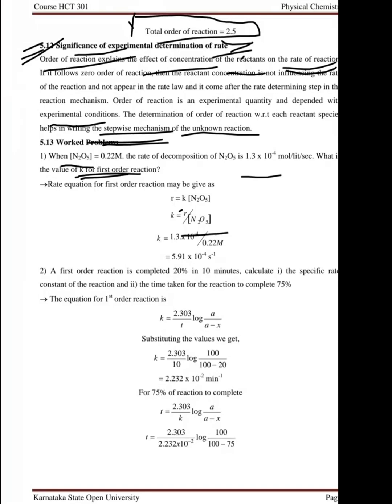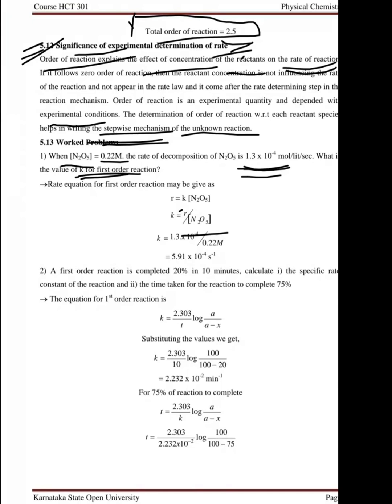Here, the R value is nothing but 1.3 into 10 to the power of -4, divided by the given concentration of the reactant, 0.22 molar.